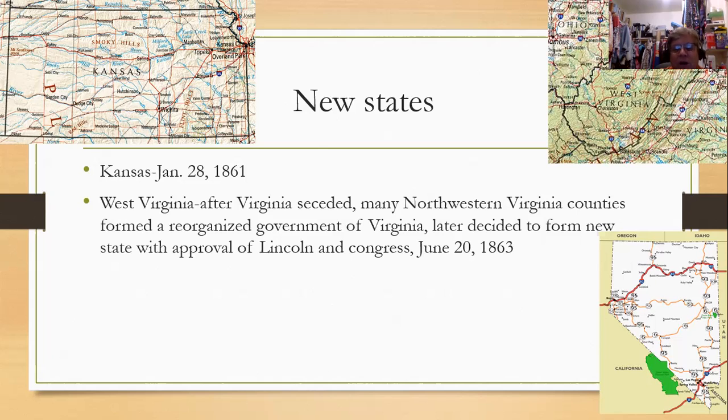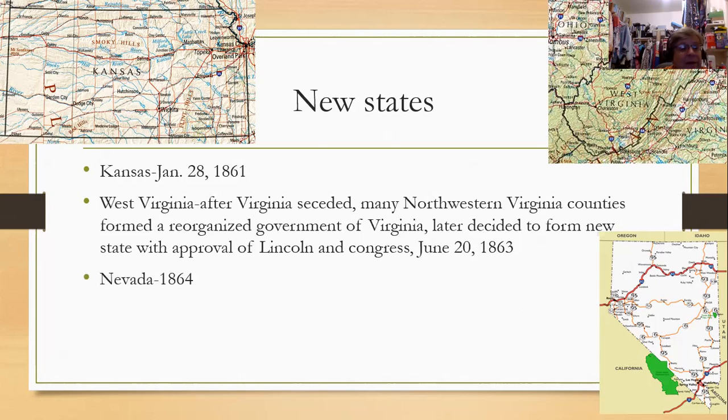They felt they were overlooked, but they decided to form a new government. They formed a reorganized government of Virginia, and said, we're the legitimate government of Virginia, since Virginia has seceded from the Union. And then that reorganized government authorized a new state with the approval of Lincoln and Congress, and West Virginia became a state on June 20th, 1863.